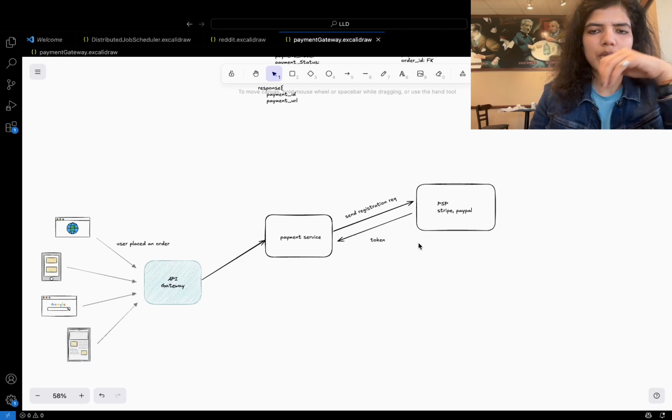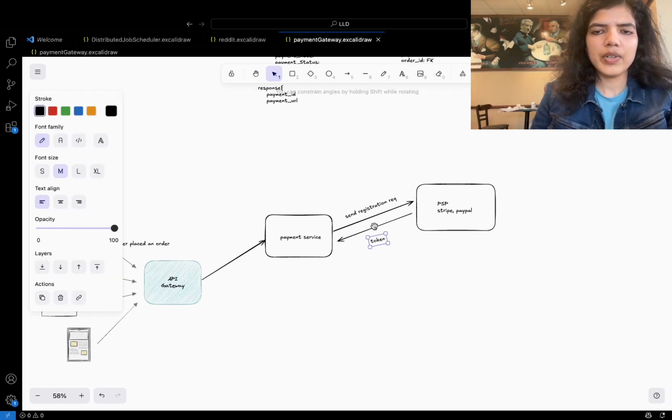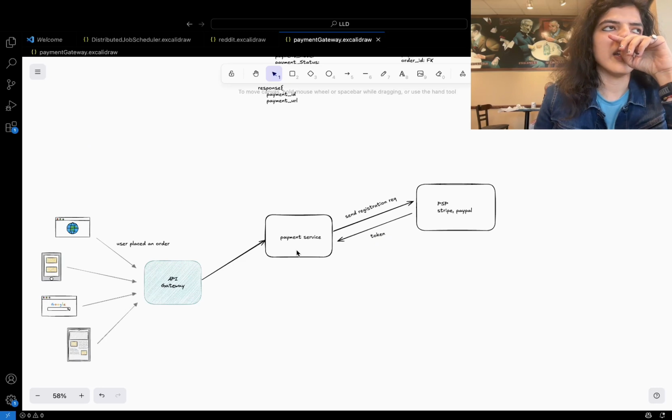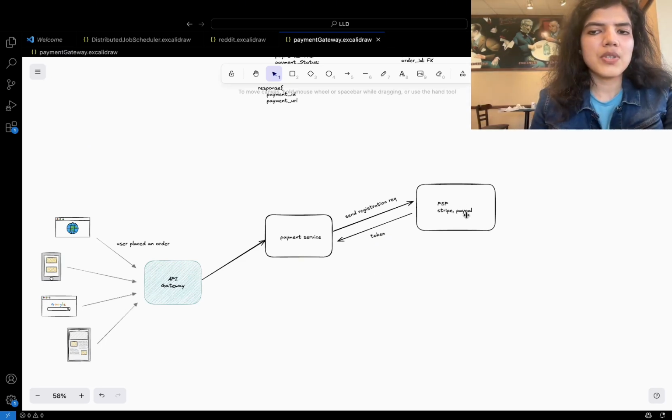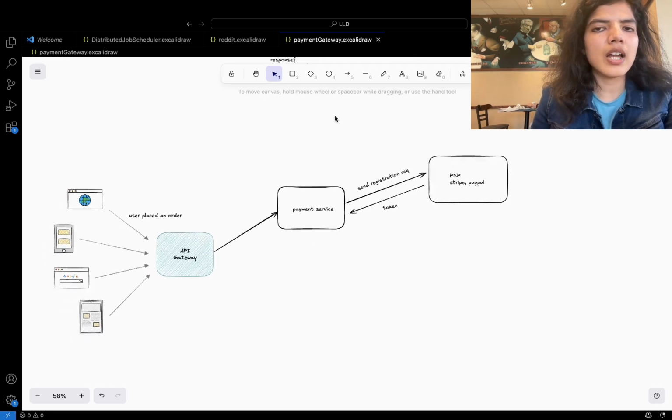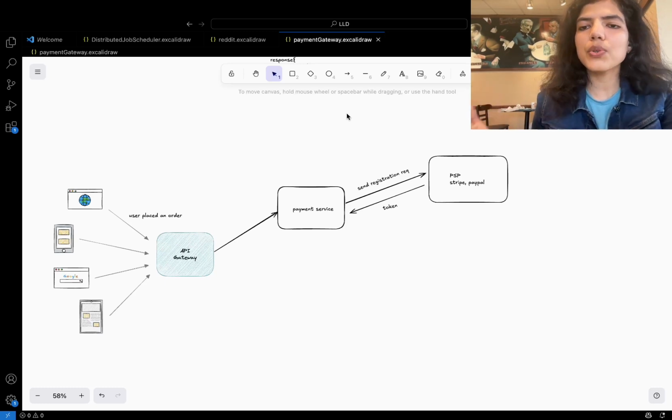Why do we need this token? Currently, when the user places an order, it is placed by the checkout service and sent to the payment service provider, which receives a token. Based on that token, we would show a hosted page because we don't want to store the PII information in our database.